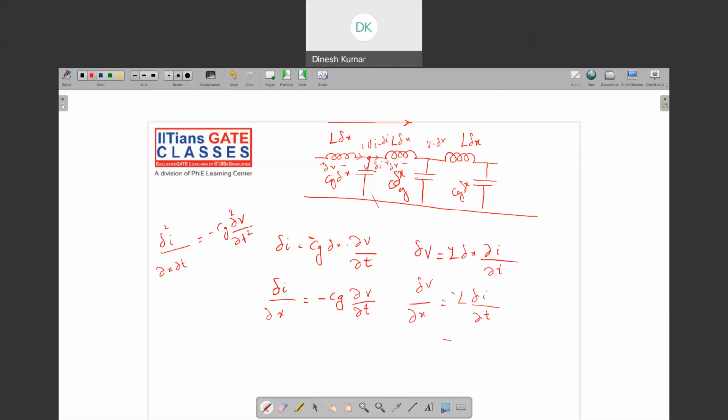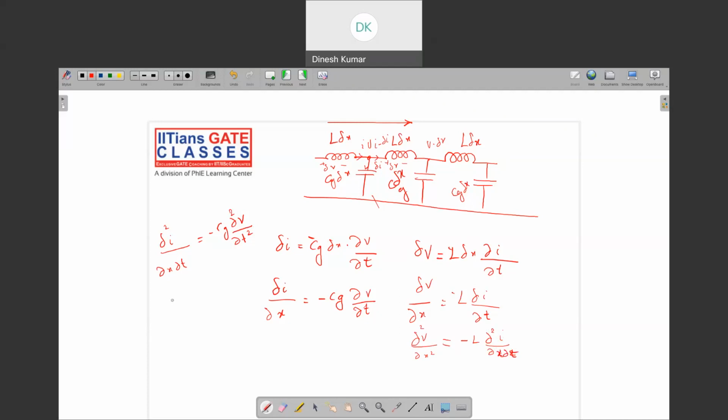Here we will differentiate this with respect to x, so dou squared V by dou x squared equal to minus L into dou squared I by dou x dou t. These are actually the same, and then we can substitute it here.